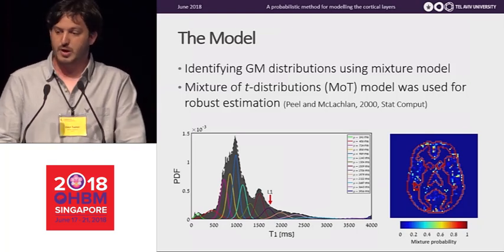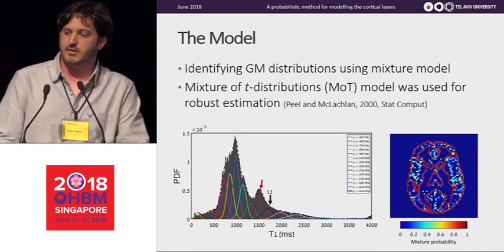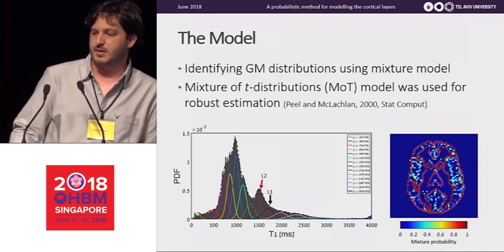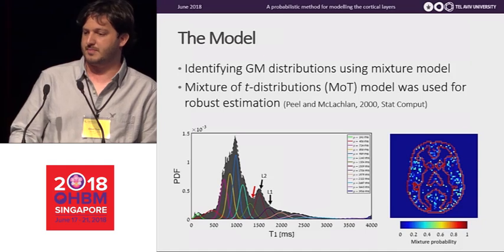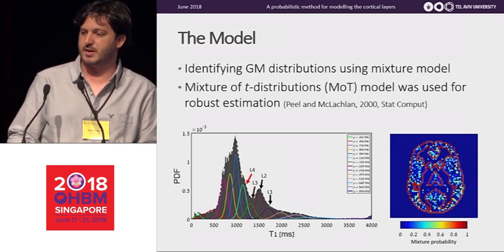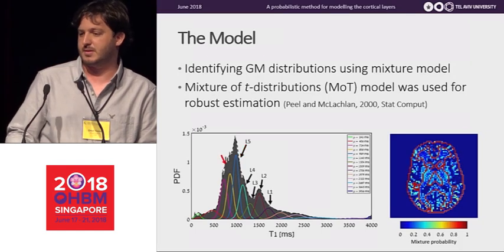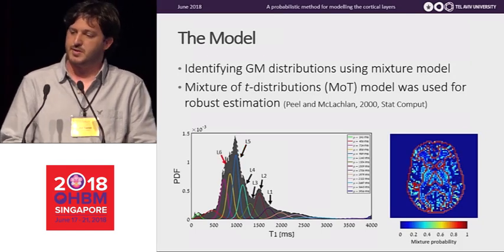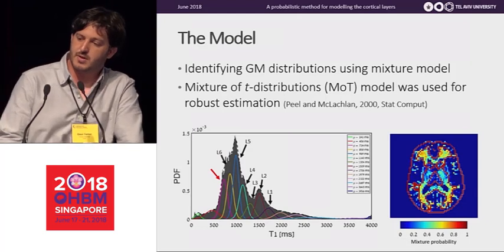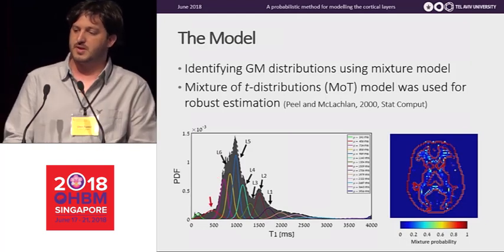We call this one T1 layer 1, and we have T1 layer 2 and T1 layer 3, and again T1 layer 4, T1 layer 5, and here we have T1 layer 6, and then we found some white matter dominant mixture components.